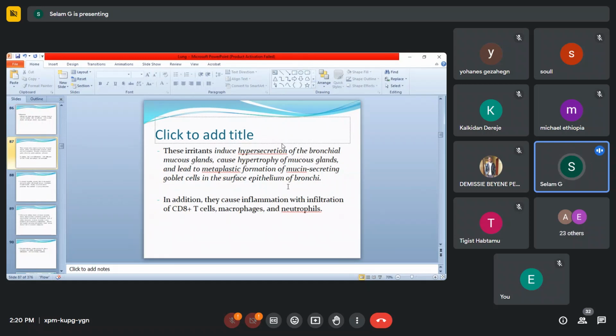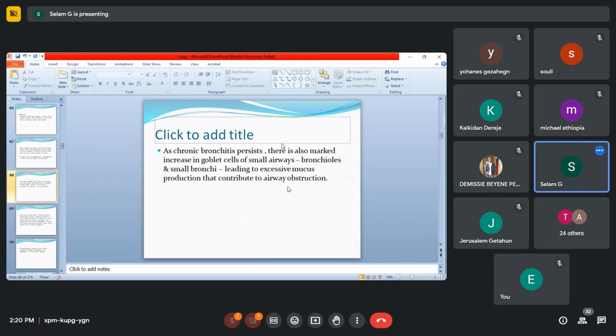The irritants induce hypersecretion of the bronchial mucous glands, cause hypertrophy of mucous glands, and lead to metaplastic formation of mucin secreting goblet cells in the surface epithelium of the bronchi. So there will be excess production of mucus, which is a problem in these patients. In addition, they cause inflammation with infiltration of CD8 T lymphocytes, macrophages, and neutrophils.